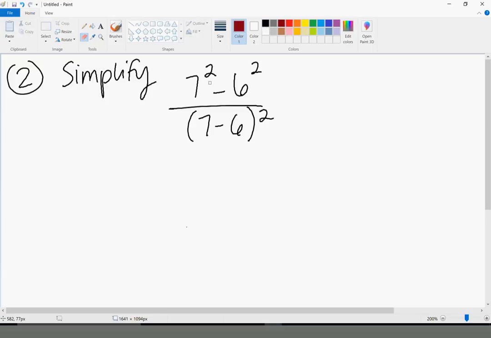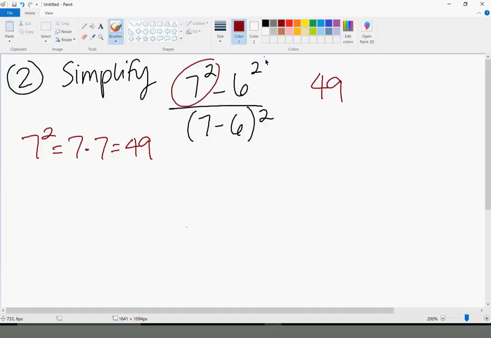At the top, we've got 7 squared, which is the same thing as 7 times 7, which is 49. And then 6 squared is 6 times 6, which is 36.